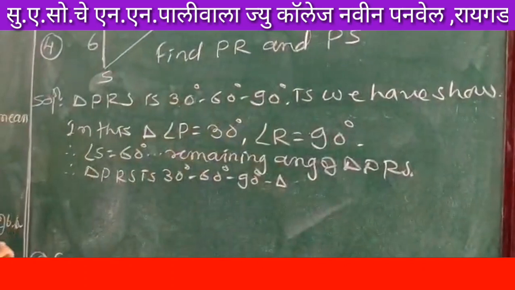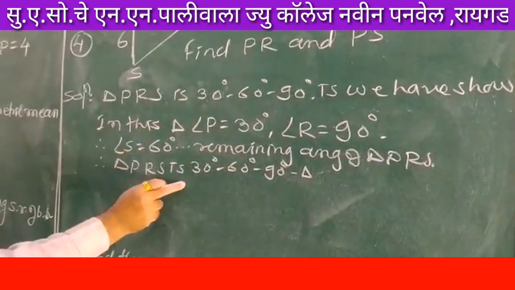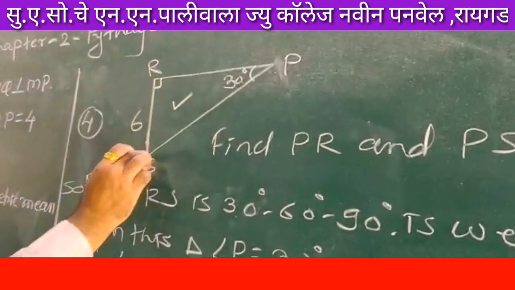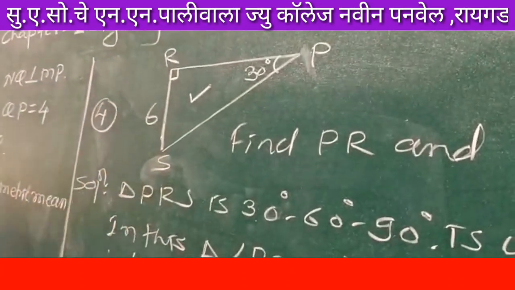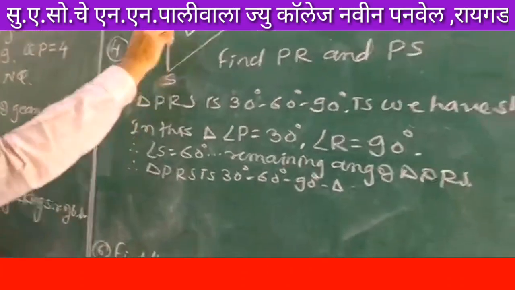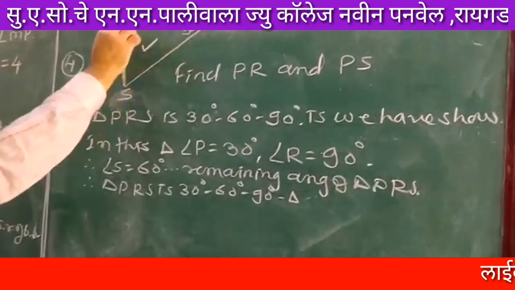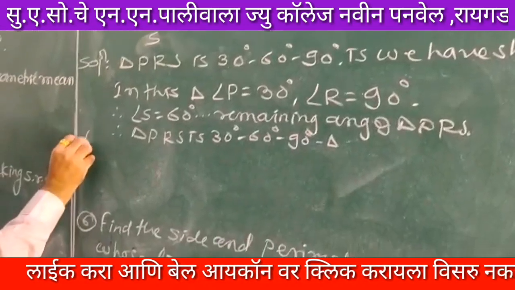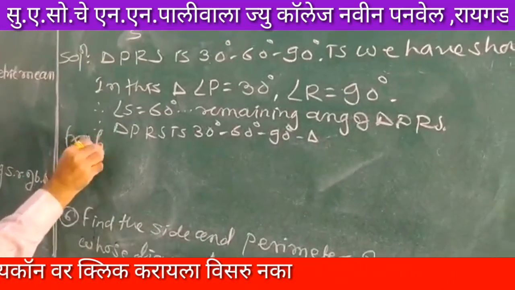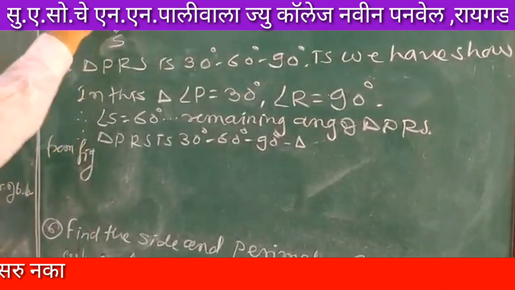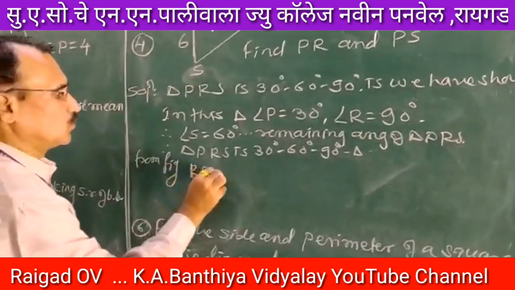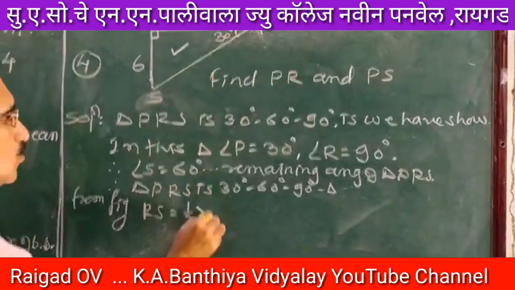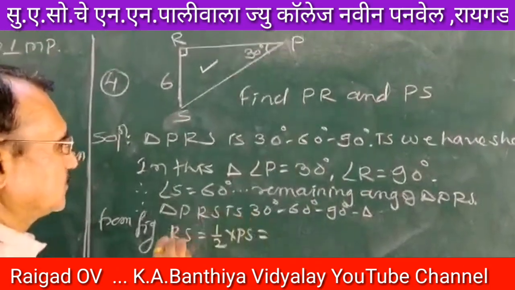First we have to show this triangle is 30, 60, 90. If we know this triangle is a 30, 60, 90 degree triangle, then we know the property of right angle triangles. Here the side opposite 30 is already given. The side opposite 30 is RS. From the figure, RS is equal to 1/2 into hypotenuse PS.